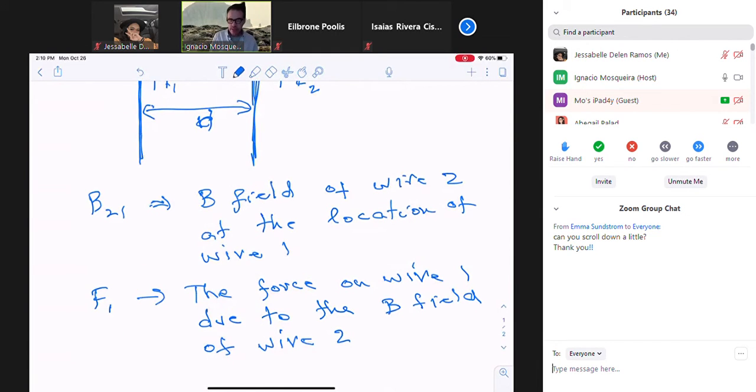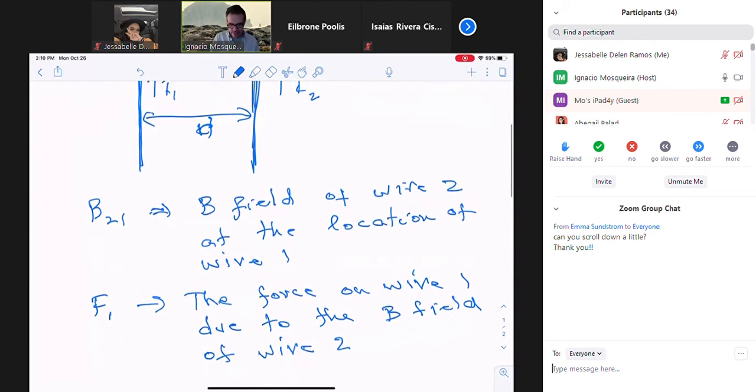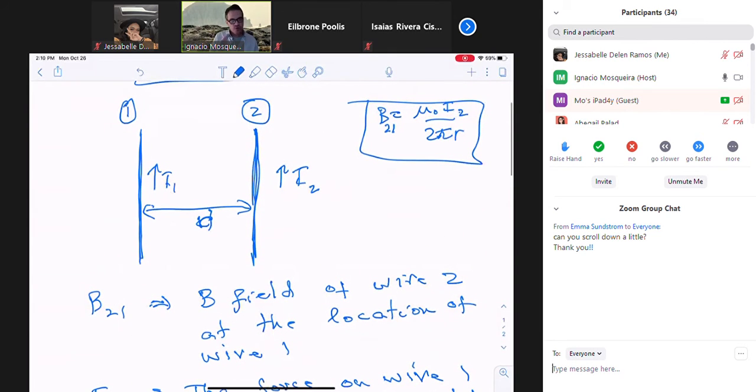So again, should we go back to the PowerPoint so that you see it visualized? I think the best idea is not to do that just yet, but to do it after we get a result. So again, let me tell you the right-hand rule. Here's the wire. Now this is wire 2. In order to know the B field of this wire, we came up with a different right-hand rule.